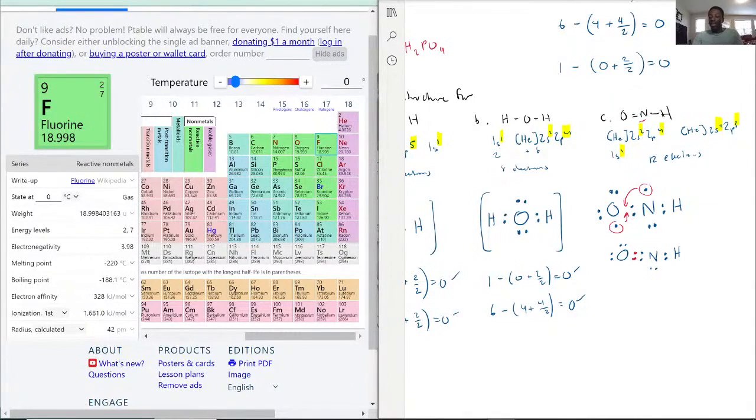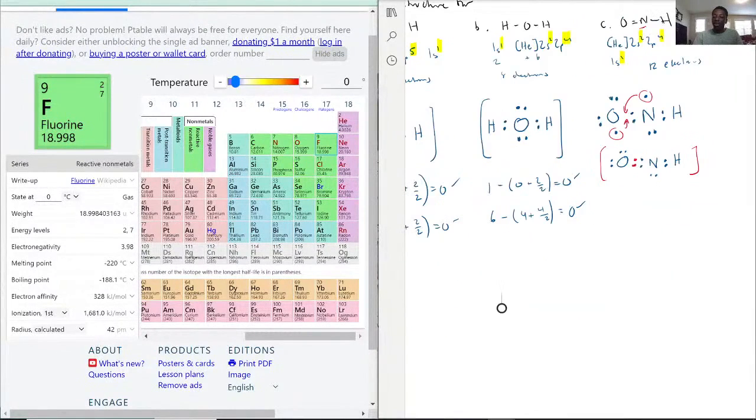So now this is our Lewis structure for ONH. I don't really know the name of this off the top of my head, but the point is that when we check the theoretical charge numbers, hydrogen is still good: 1 minus 0 minus 2 over 2, because that's all it's sharing.